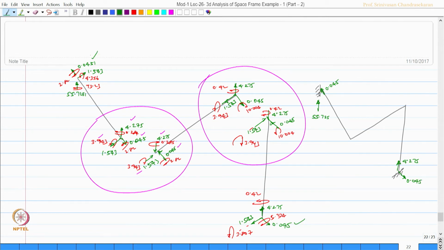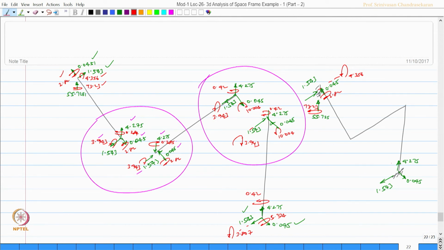Okay. Then 1.543, which is here, and 1.543, which is here, then 73.23, which is here, 4.356, which is here, okay. Then 2.82, which is here.